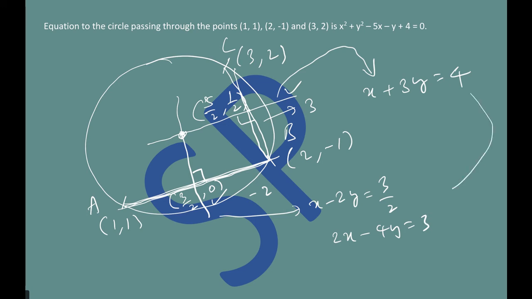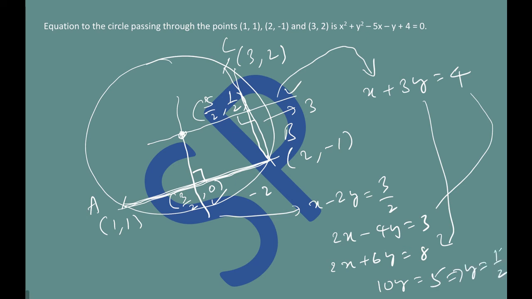So solving these two for the center, I multiply this equation by 2, it is 2x + 6y = 8. Subtracting, I have 10y = 5. That means y = 1/2 I am getting.